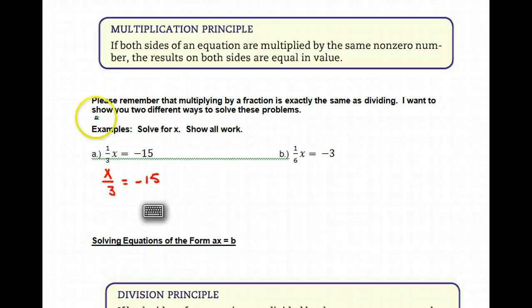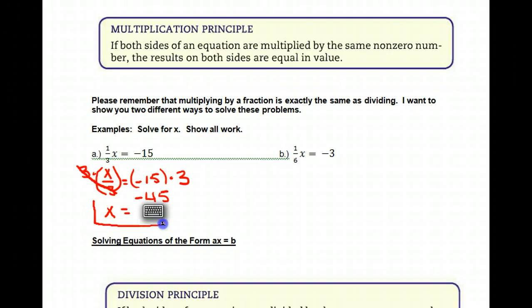And then what we would say is, well, to undo division, I will multiply both sides of my equation by 3. On the left side, my 3's will cancel, and on the right side, they will multiply to negative 45.